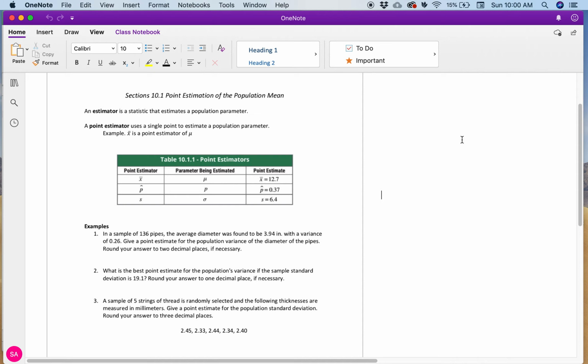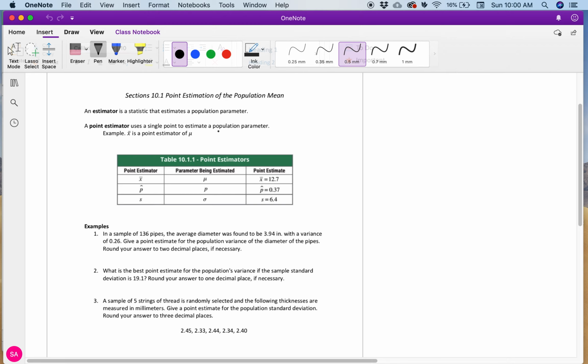So we've talked about point estimators before in the last chapter, chapter 9, when we did sampling distributions. But just to remind you, I have two definitions here. First, an estimator is a statistic that estimates a population parameter. A point estimator uses a single point to estimate a population parameter.